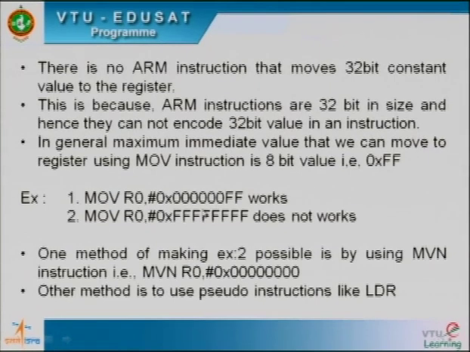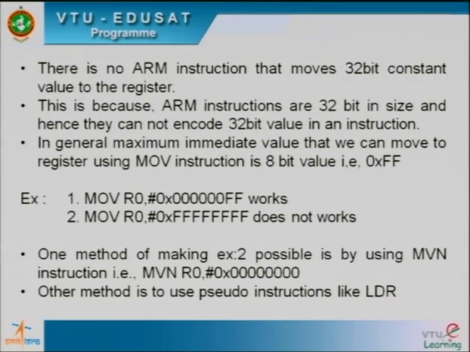In that 32-bit, we cannot encode another 32-bit value, because we need some space for opcode and operation encoding. Hence, in the 32-bit instruction, 8 bits are reserved for the immediate value and 4 bits are reserved for the rotate operation. Together, a maximum of 12 bits can be used there. More than that, you cannot use.